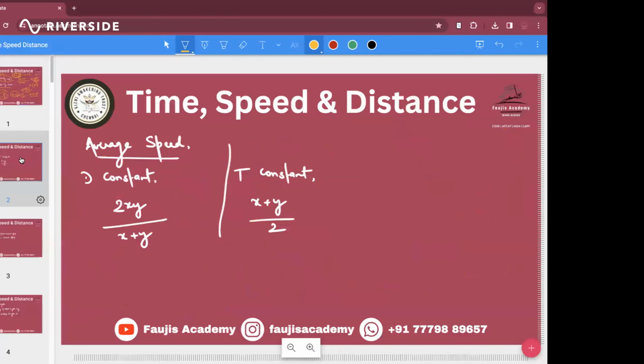Now listen to me carefully. What am I saying? Average speed. That means there have been multiple points in the journey. Some journey I've traveled by foot, some by air, some by bicycle, some by bullock cart, some by car, some by bus. So the first case is here: t constant.